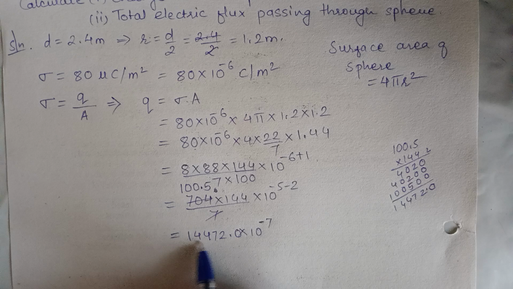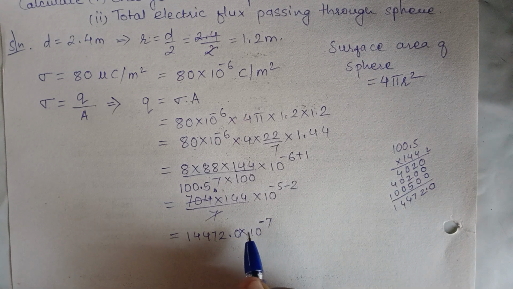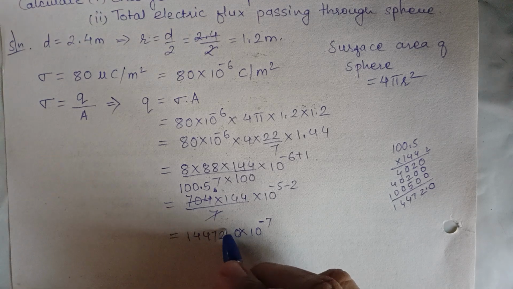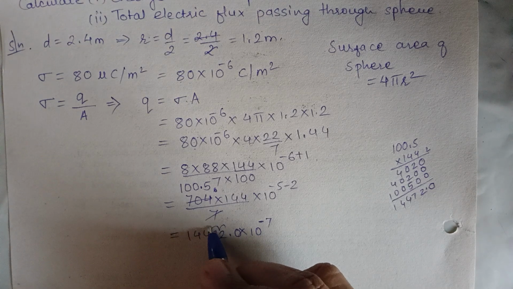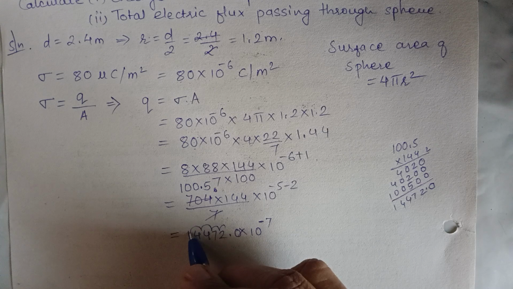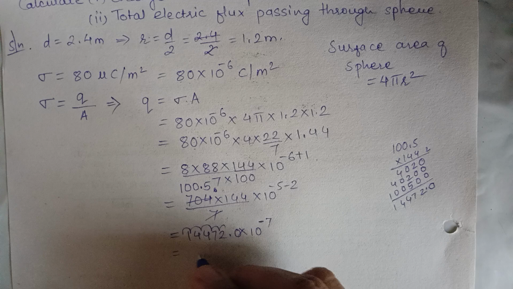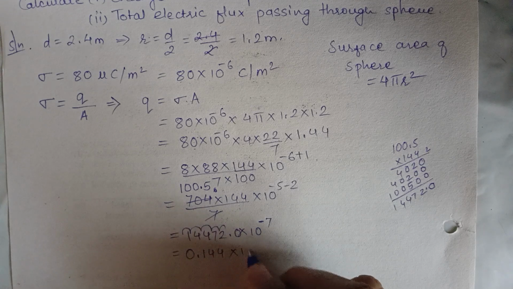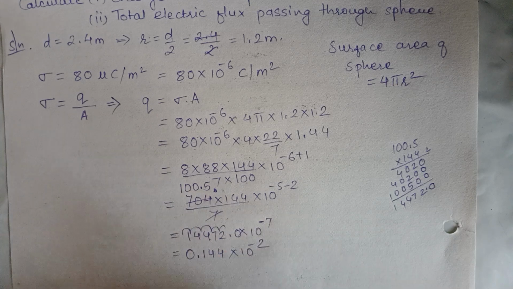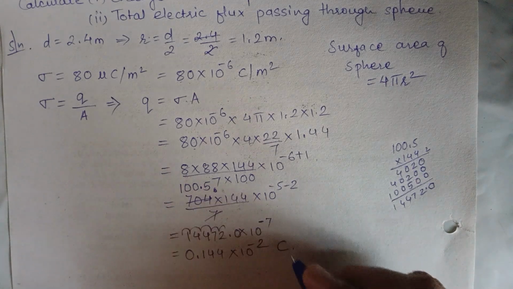After calculation you will get this. You can shift this point, 1, 2, 3, 4, 5, 5 means minus 2. Coulomb.